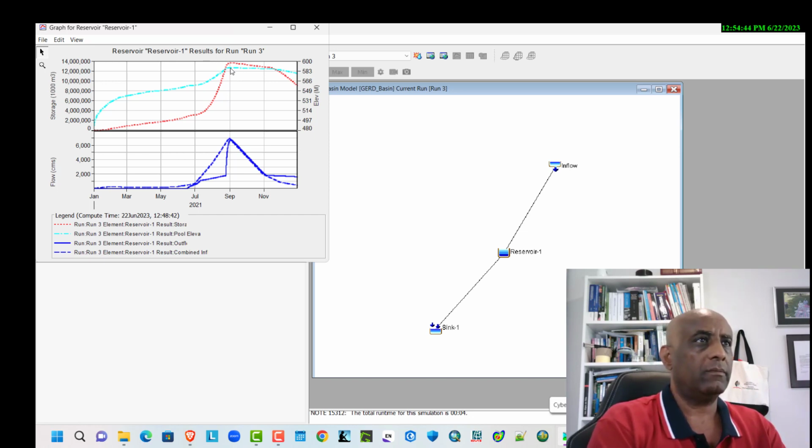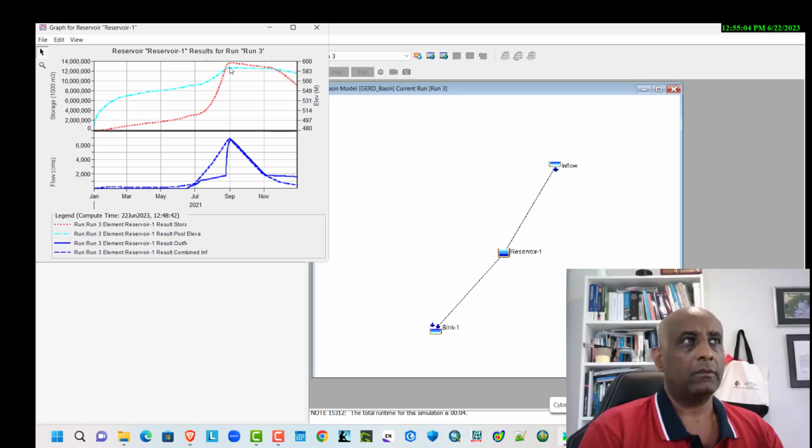So every detail, the red one is the storage. You can see almost 14 billion cubic meters of water accumulates just at the time of the peak.